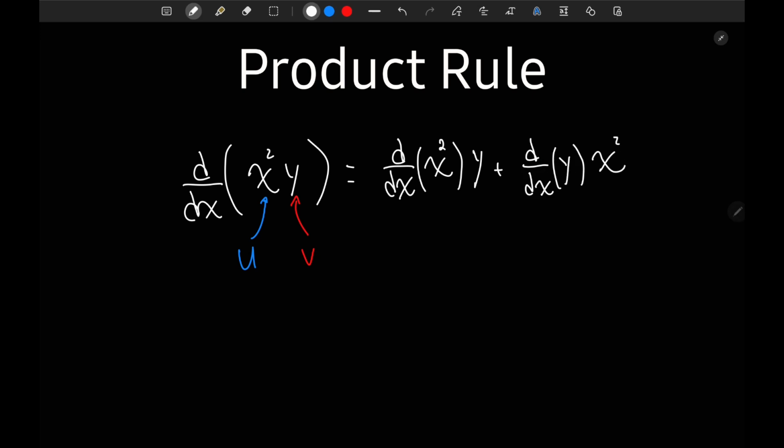And then if we go through and evaluate this, the derivative of x squared is going to be 2x dx/dx, again where we took the derivative of x with respect to x, then the y stays there, plus the derivative of y with respect to x is just 1 times dy/dx, and then our x squared.